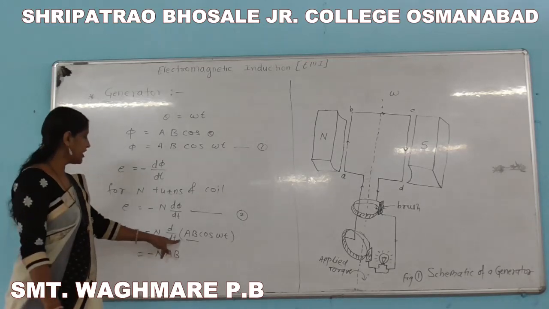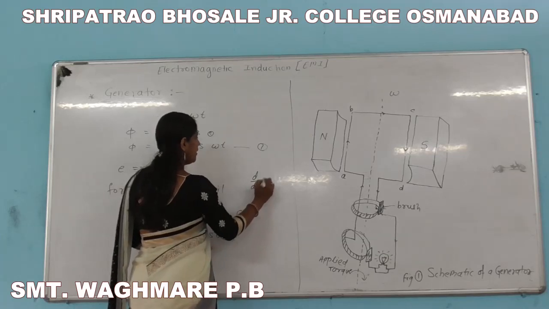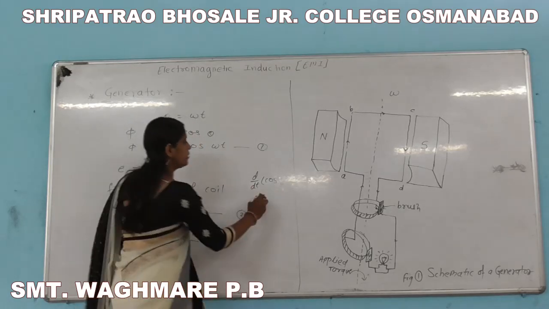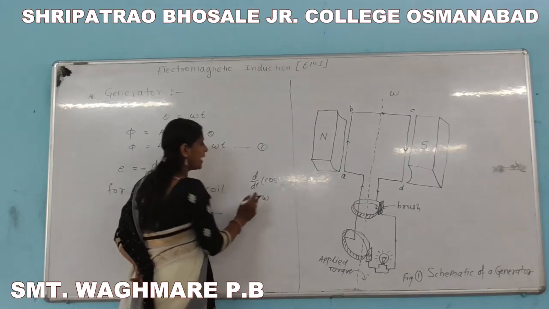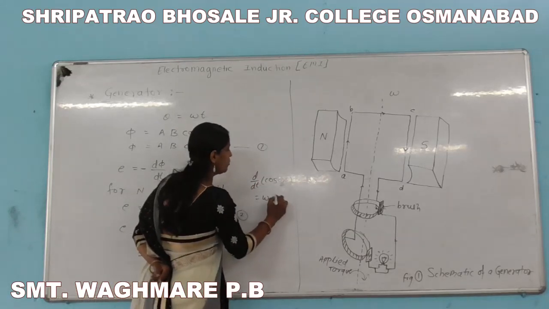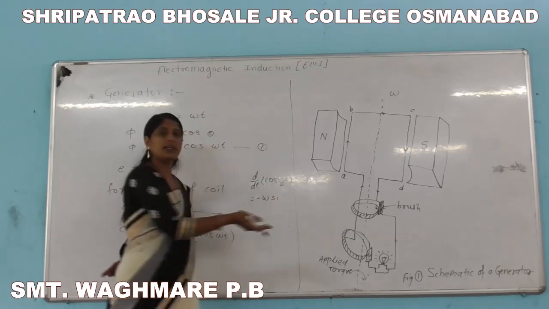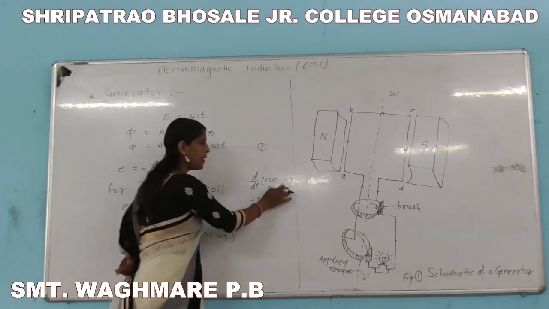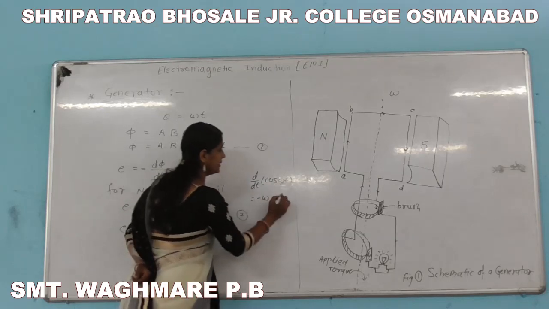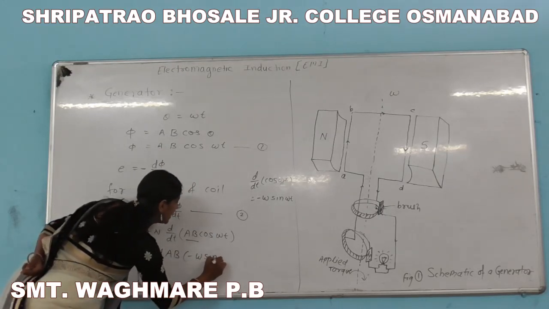And when we take the derivative of cos omega t, omega is constant, therefore it is taken outside, and the derivative of cos x is minus sin x. So the derivative of cos omega t is minus omega sin omega t.